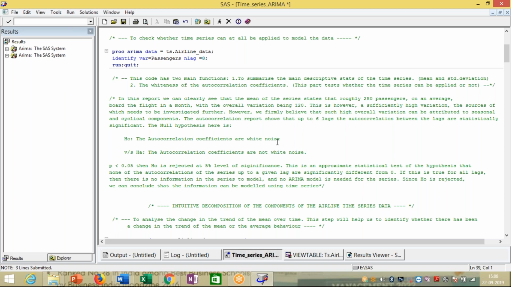So the alternate hypothesis says that no, the autocorrelation that I get to see is statistically significant. So there exists a significant autocorrelation between the lags. If a significant autocorrelation exists, then what we can clearly say is that yes, this can be developed as a time series model, right?